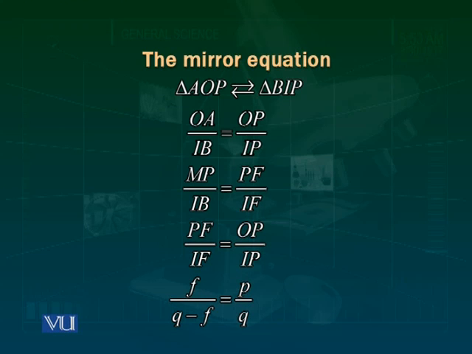Now, replacing these by the actual measurements, we know that PF, the distance from the pole to the position F, is known as the focal length.